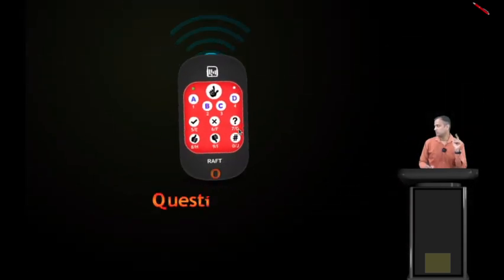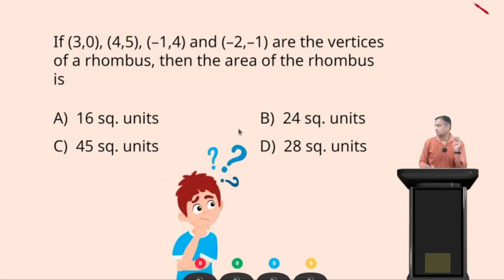Okay class, now again question time. If these are the vertices of a rhombus, you have to find the area of the rhombus, and your time starts now. Find the area of this rhombus. So first you have to draw the rhombus and then divide it into two triangles.